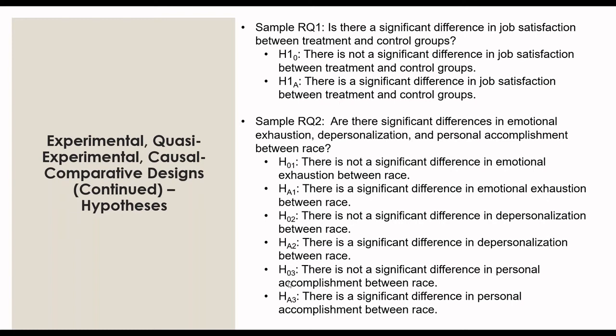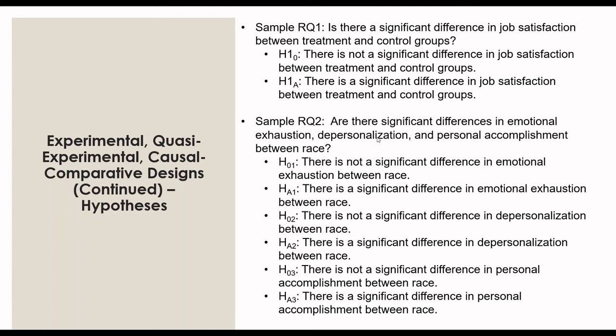Sample question 2 is a little bit different in that you have 3 dependent variables: the emotional exhaustion, depersonalization, and personal accomplishment. You might want to examine all 3 of those separately, so you can have one sample question, but when it comes to the MANOVA, you run 3 separate tests. So you need to determine, are there differences in emotional exhaustion by race, but not depersonalization or personal accomplishment?